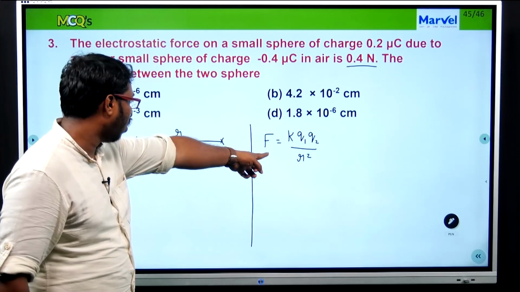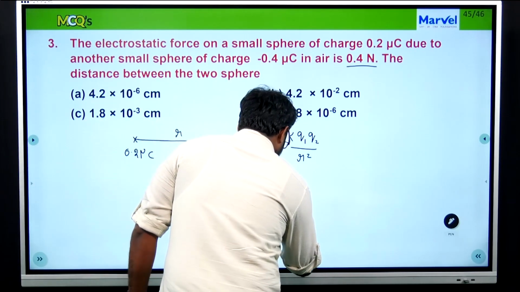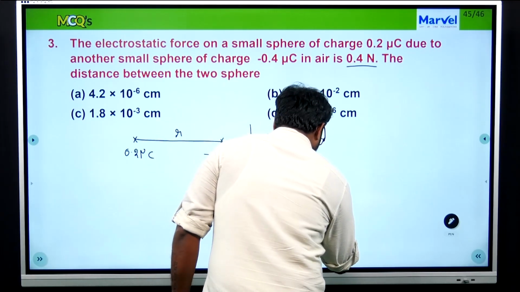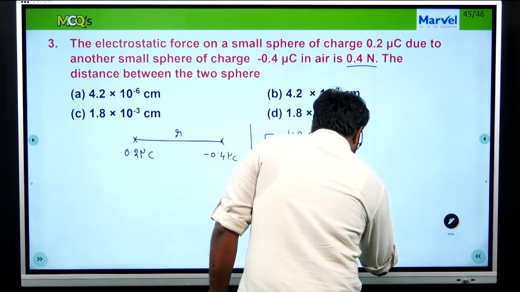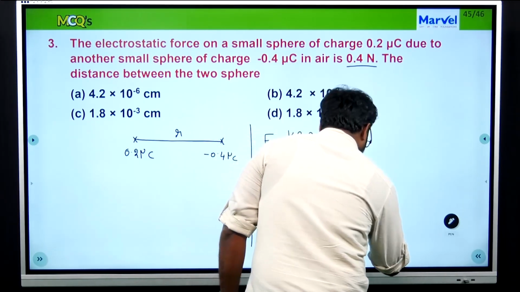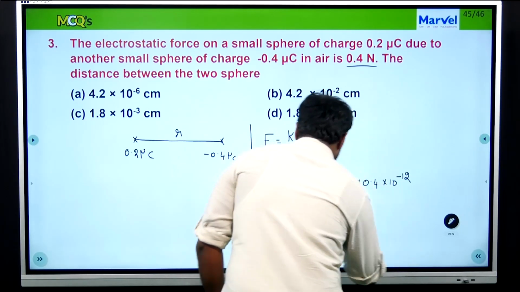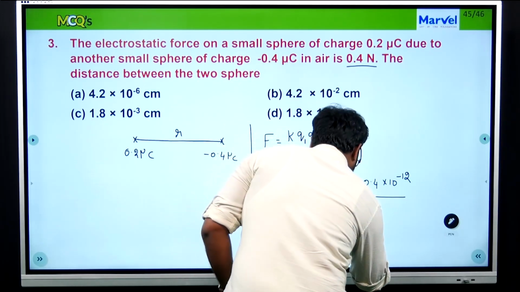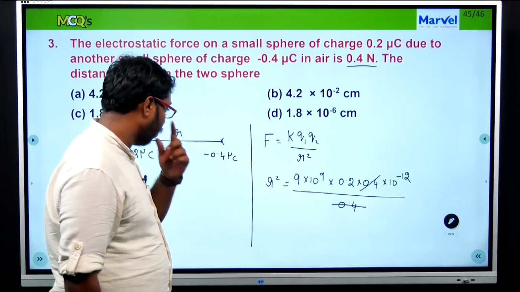So R squared is what we are supposed to find, where R squared is equal to, what is K? 9 into 10 power 9, into, what's Q1? It is 0.2, Q2 is 0.4, into 10 power minus 12, divided by the force, which is 0.4 newtons. So 0.4 and 0.4 will cancel in the first place.